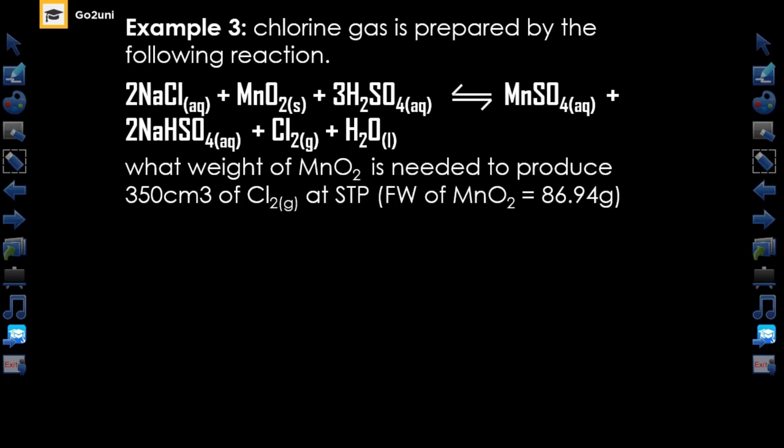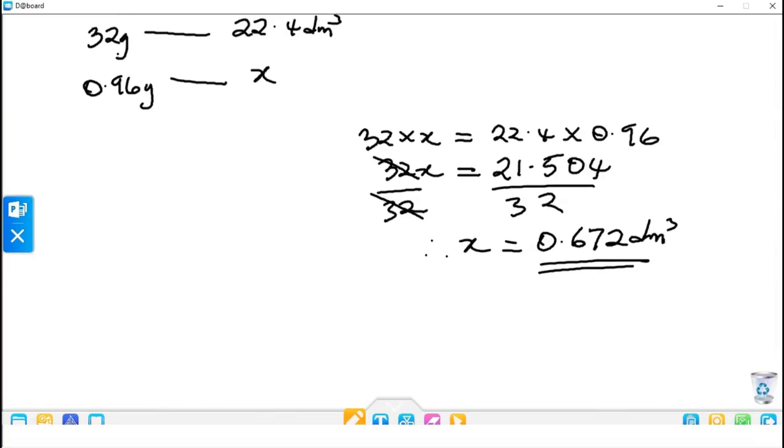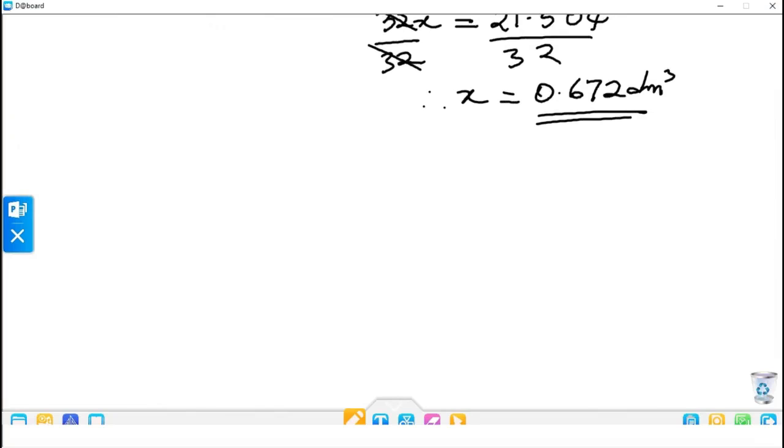So looking at the question, we need to ask ourselves, what are the species I am most interested in? From the question, it is clear that we are interested in MnO2 and chlorine, because the question says, what weight of MnO2 is needed to produce 350 cm³ of chlorine? So let us proceed.